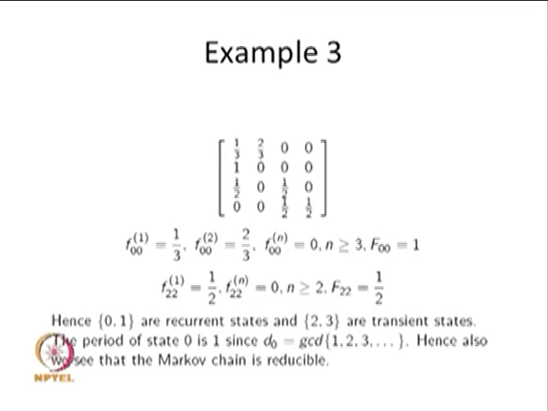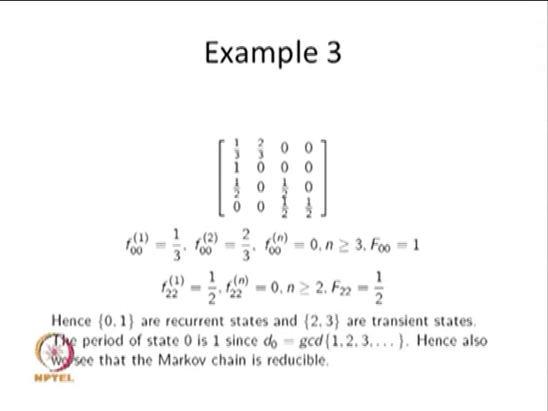Since F00 is equal to 1, you can conclude the state 0 is going to be the recurrent state. The similar exercise you can do for the state 1, the same way. You can conclude F11 is also going to be 1. The other way, since the state 1 is communicating with the state 0, this is also going to be of the same type.